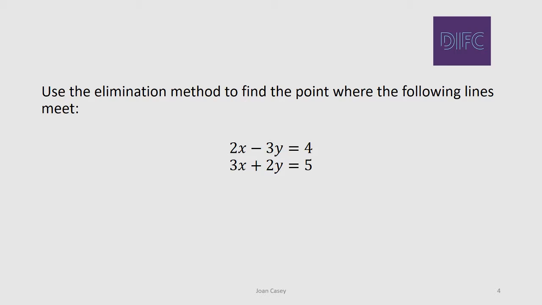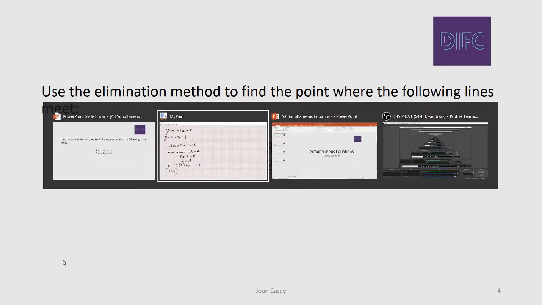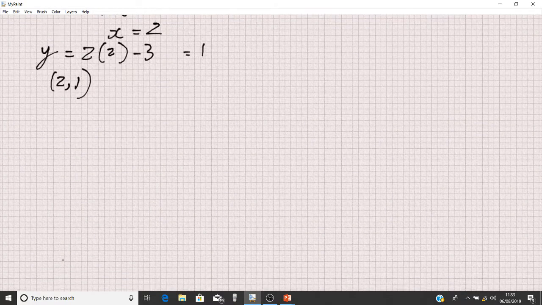2x minus 3y equals 4, and 3x plus 2y equals 5. So I'll just write those lines here to get started. So we have the first line, we'll call it line 1. Line 1 is 2x minus 3y equals 4.